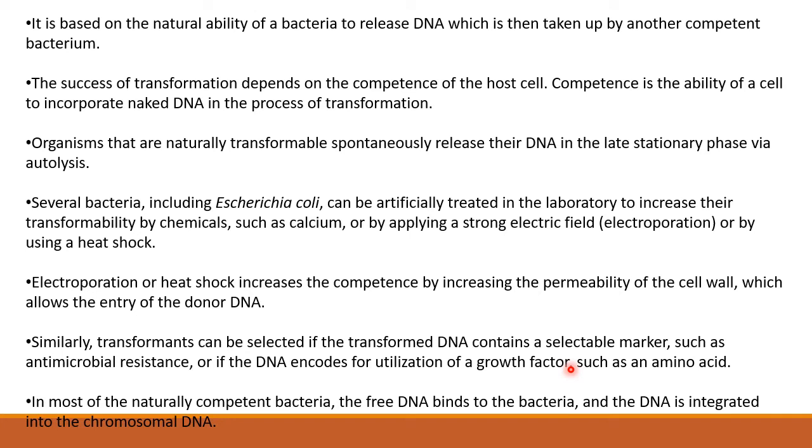So you should know the sequence of DNA, and if you know what kind of selectable marker is present on your piece of DNA, then you can test for your transformants. In most naturally competent bacteria, the free DNA binds to the bacteria, and then the DNA is integrated into the chromosomal DNA. This is in the case of naturally competent bacteria.